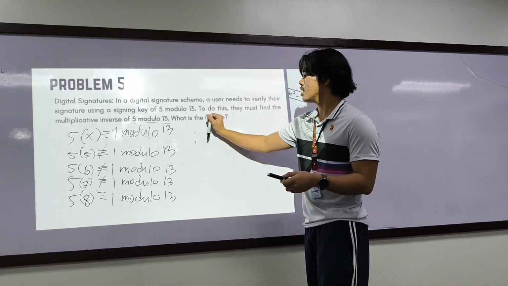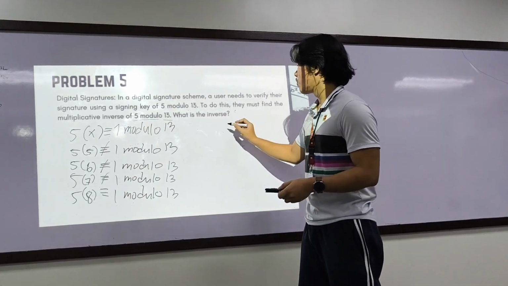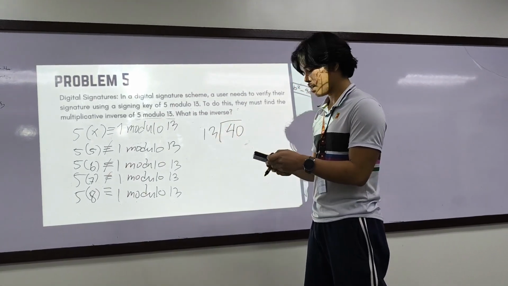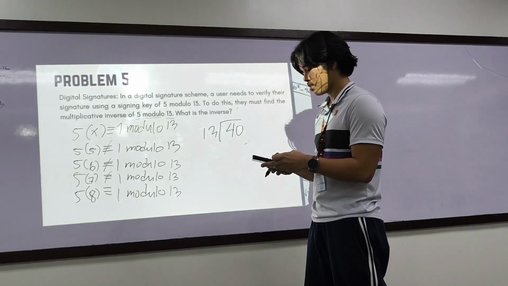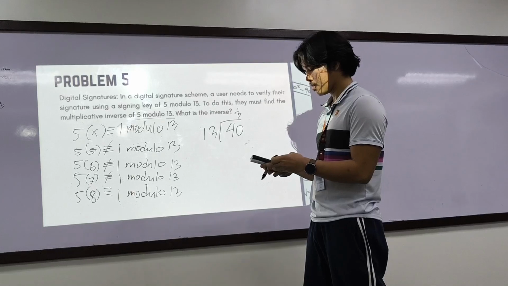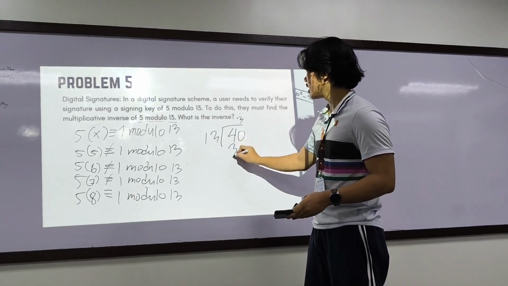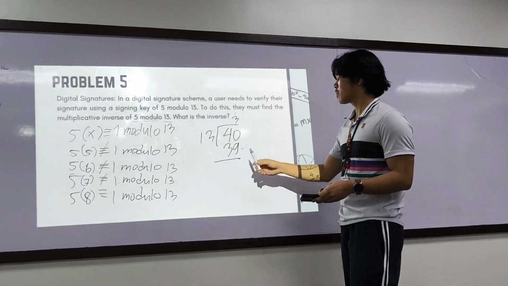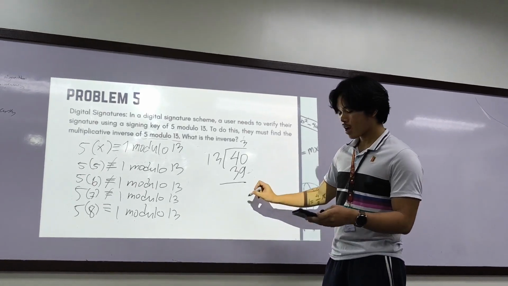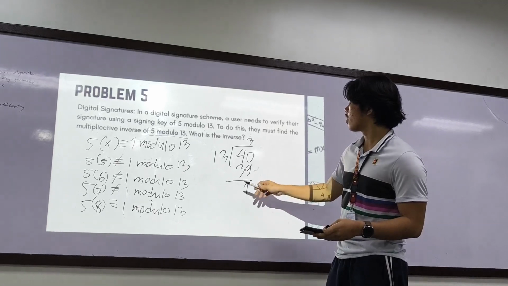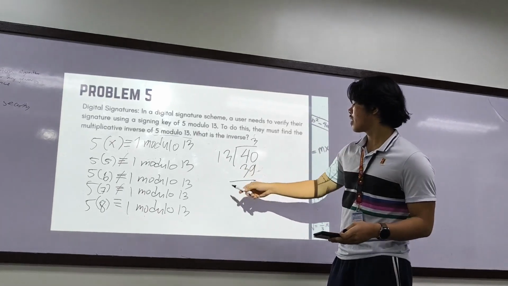So the next number we have is 8. So 5 times 8 is equal to 40. And 40 divided by 13 is equal to 3. And 3 times 13, we have 39. And when 40 is subtracted by 39, we have the value 1, which is the remainder of 40 divided by 13.